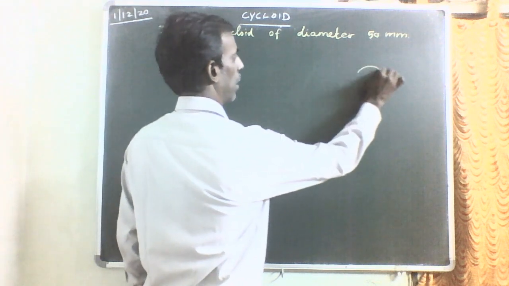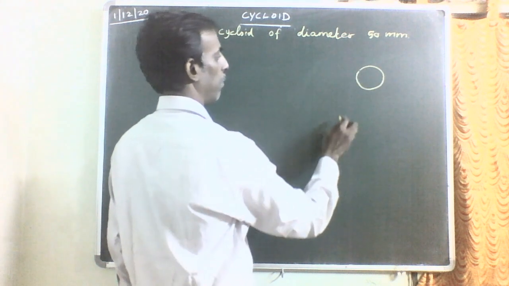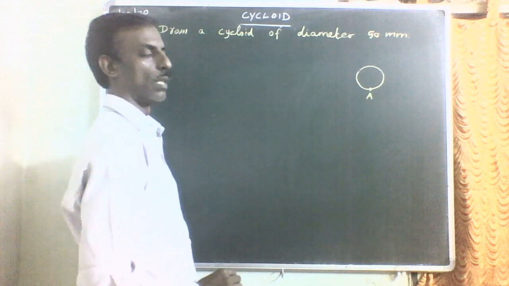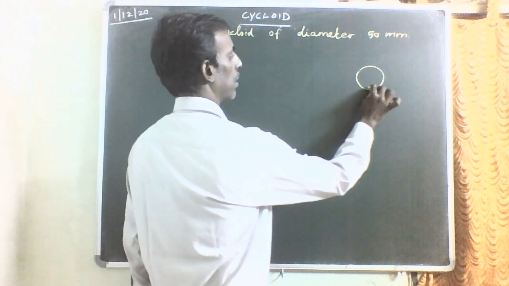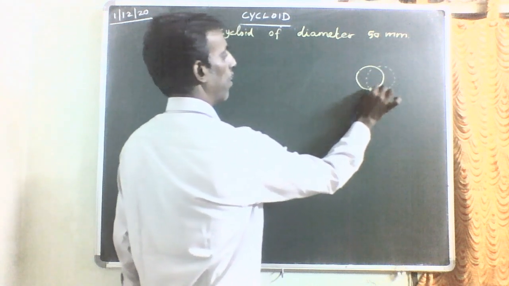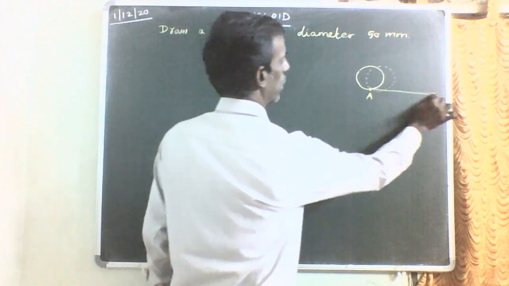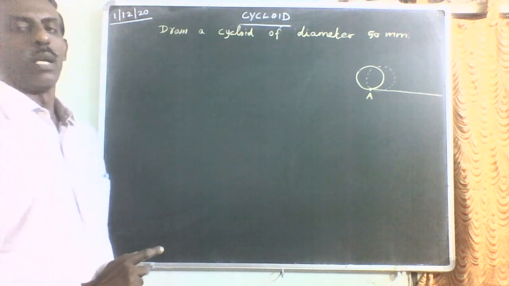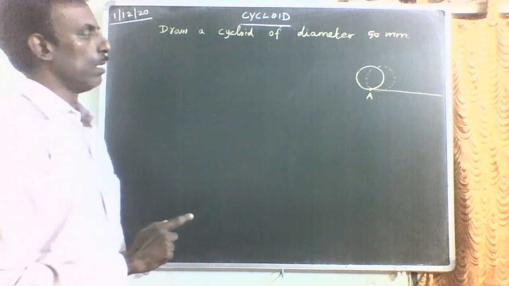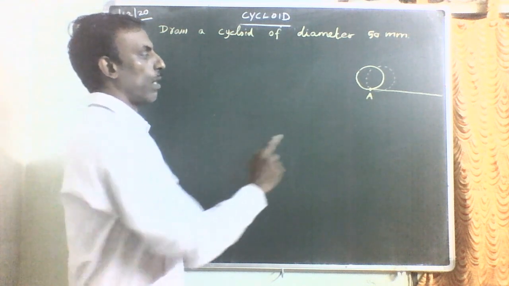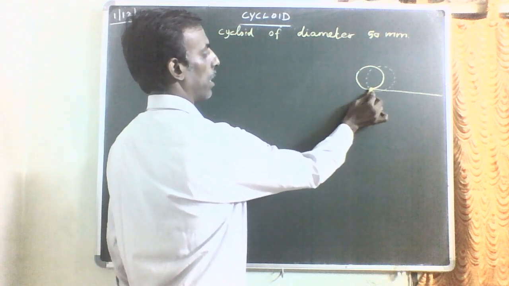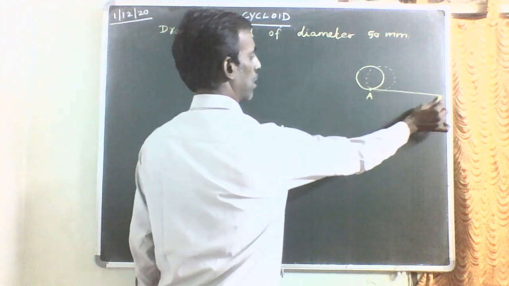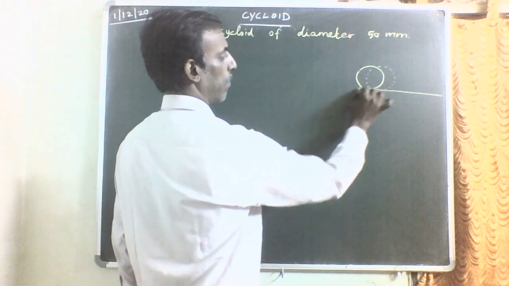So, a circle of diameter 50 is available. A point A is located on this circle. When the circle is rolling on this straight line, the path traced by the point A of the circle will generate one curve.